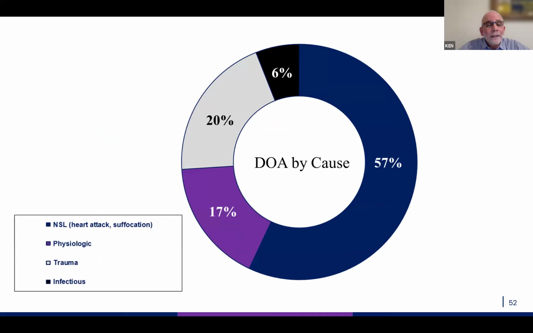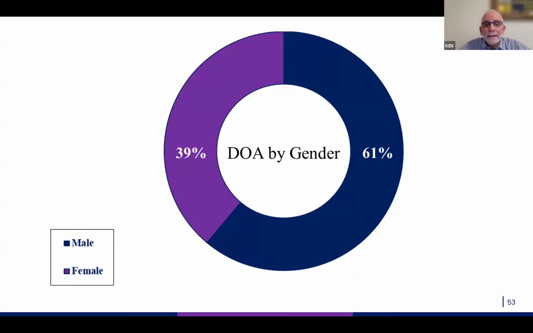Most of the birds that we investigated had no significant lesions. 57% of them had no significant lesions, which in some ways was good. It told us there wasn't an infectious process going on. There was some trauma, but that wasn't the overlying cause of the problem. This was good information, even though we didn't see anything. Most of the birds were male, 61%.